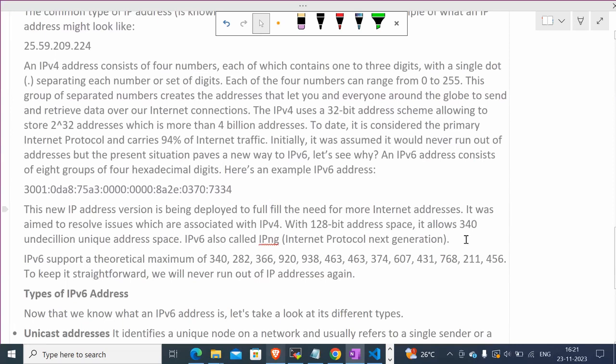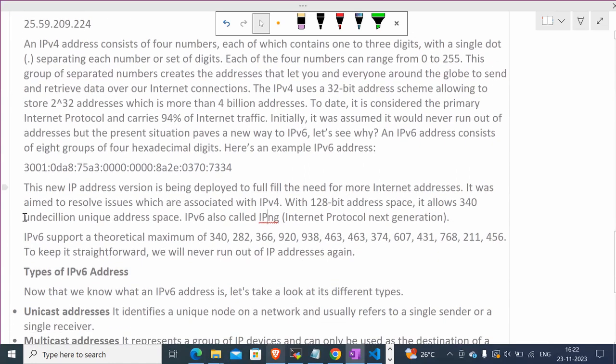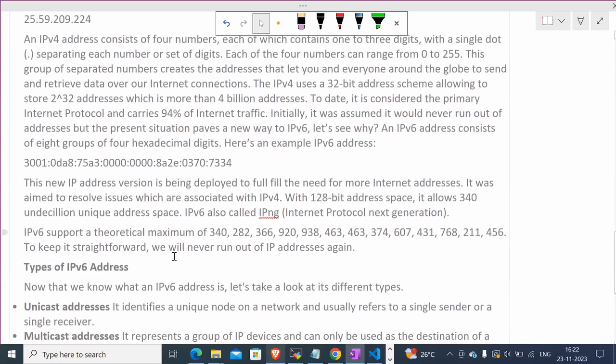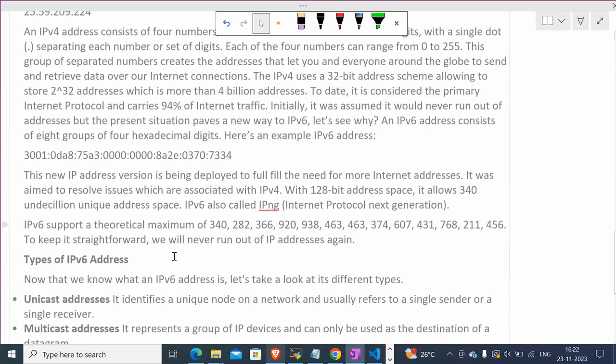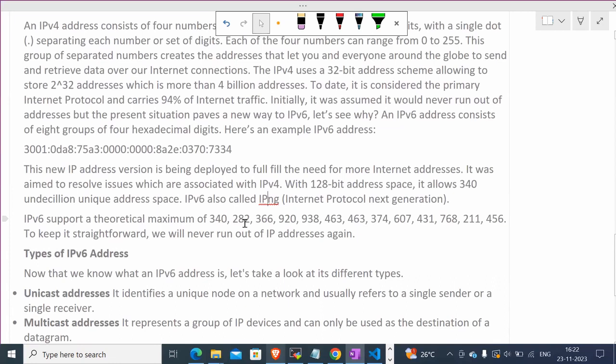It allows 340 undecillion unique addresses. IPv6 is also called IPng, that is Internet Protocol Next Generation. IPv6 supports a theoretical maximum of 340 trillion trillion trillion addresses. You can read this. To keep it straightforward, we will never run out of IP addresses again.